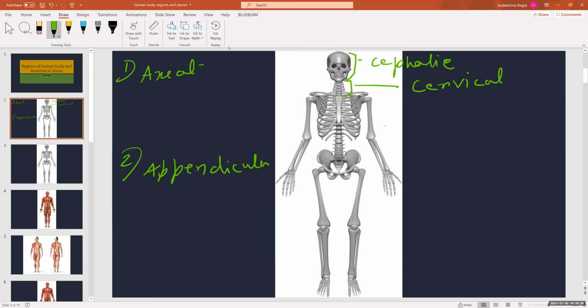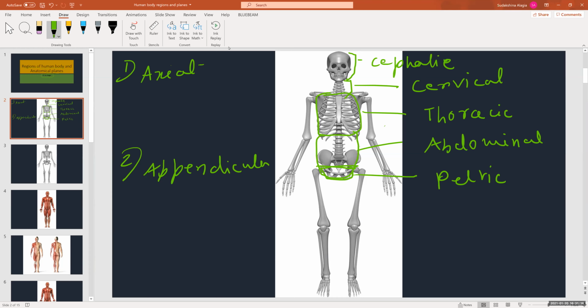The trunk or the torso is further divided into an upper thoracic and the lower abdominal, and the lowest part is the pelvic.